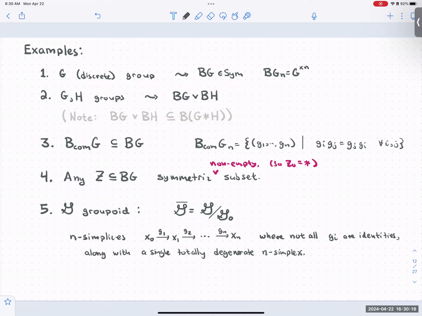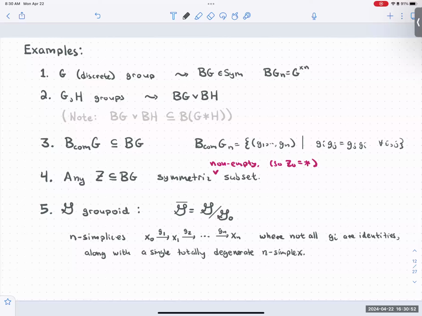Another example is if I take a groupoid. This is something you might think of as kind of like a partial group because I can compose some elements with some others, but I can't multiply everything. This again determines a spiny symmetric set. I can take G and think about it as a symmetric set itself. And then I can quotient out by all the zero simplices, identify all of those.